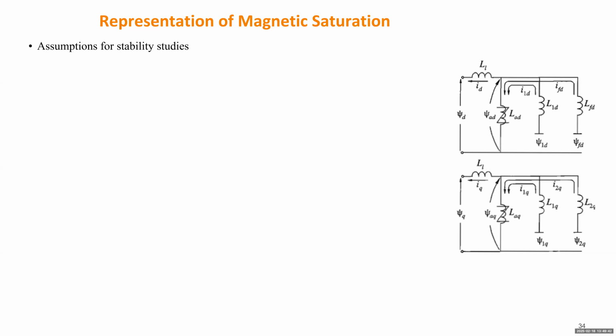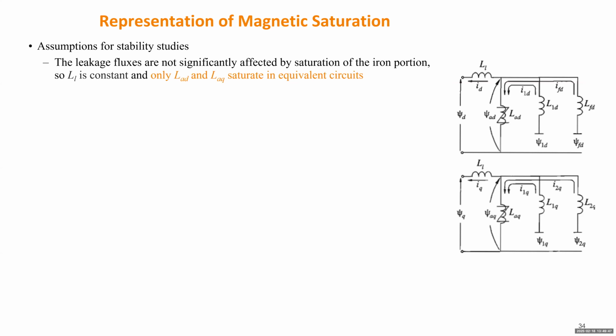So how do we model the magnetic saturation? We can make a number of assumptions to simplify the study, especially for stability. The leakage flux is not significantly affected by saturation of the air gap portion, which means if you have estimated the leakage inductance LL, you can just keep that constant, okay?